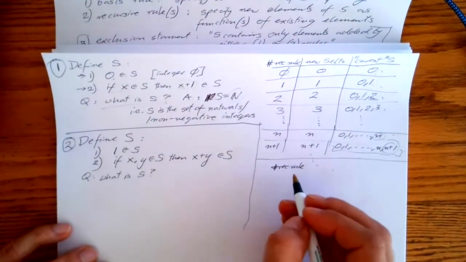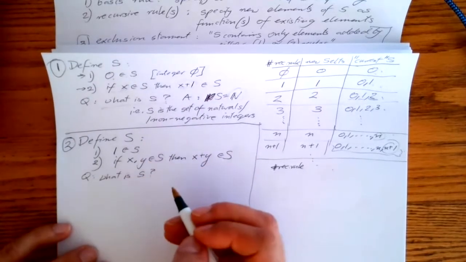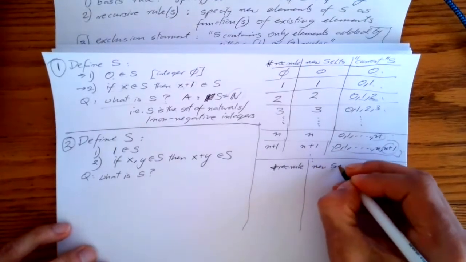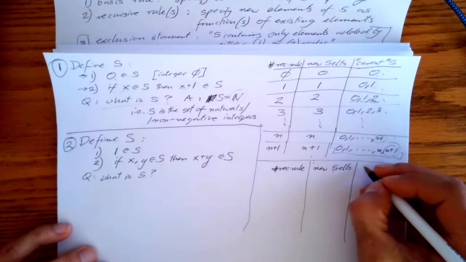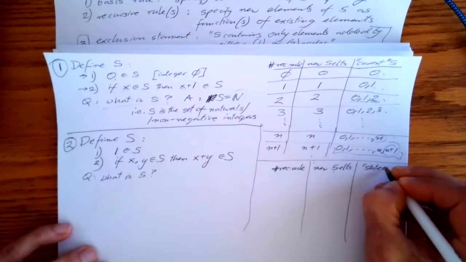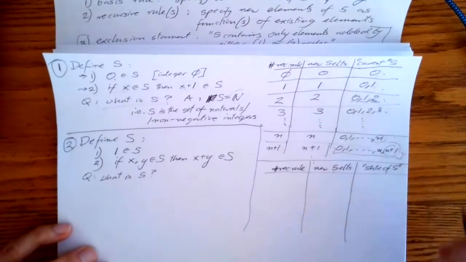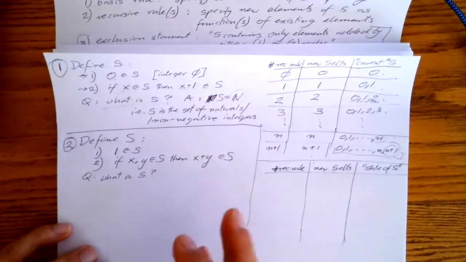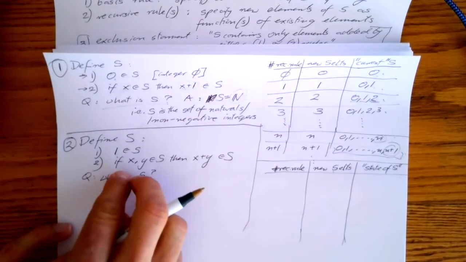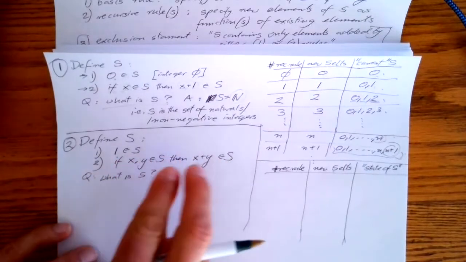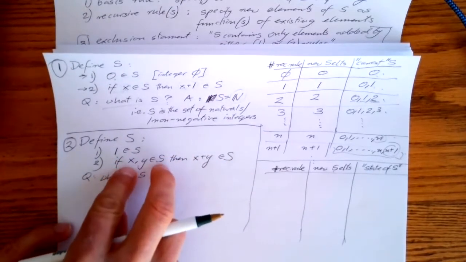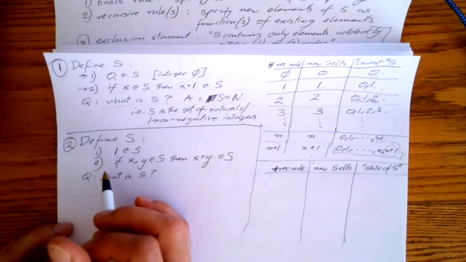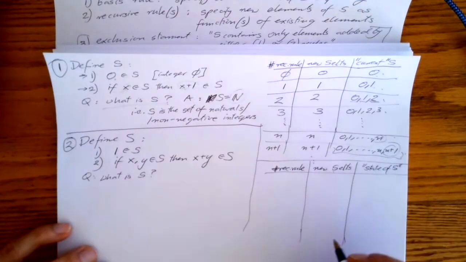By the number I mean how many times I have used the recursive rule, and the new S elements and the state of S. It's sort of an informal notion, but I can formally define it by saying what elements are created by up to n applications of this rule. That will be the state of S in the nth row.